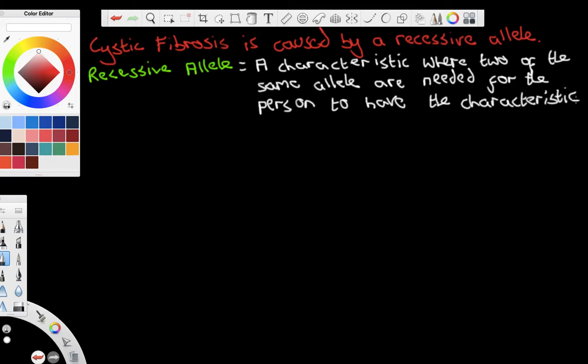Okay, so a recessive allele is a characteristic where two of the same allele are needed for the person to have the characteristic.